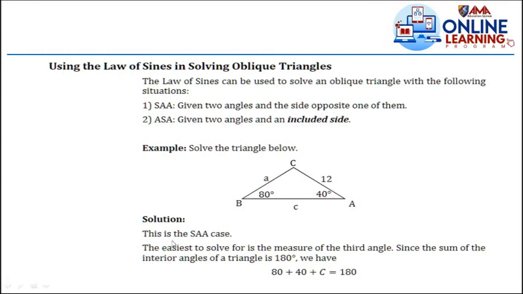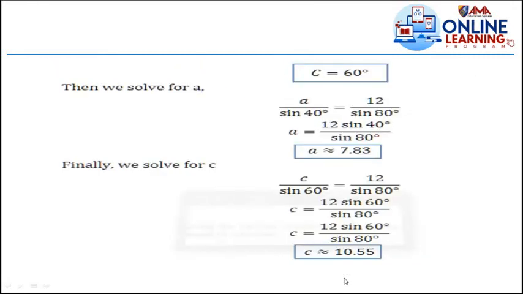Solution: this is an SAA case. The easiest way is to solve for the measure of the third angle, since the sum of the interior angles of a triangle is 180 degrees. So 40 plus 80, your angle A plus angle B plus angle C, is always 180 degrees. Therefore, your angle C is equivalent to 60 degrees.